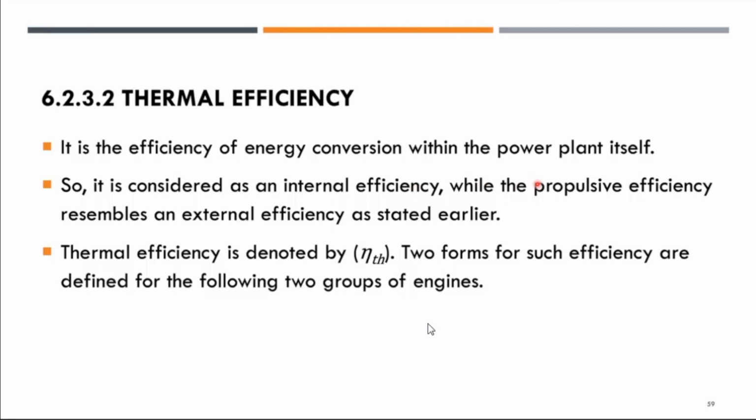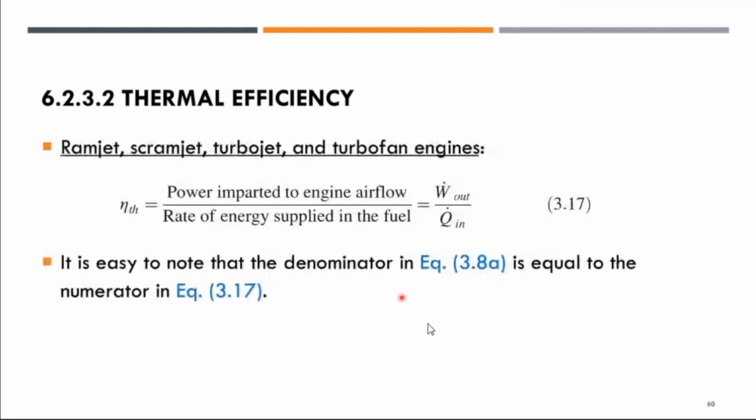The thermal efficiency is denoted by zeta TH, and two forms of such efficiency are defined for the following two groups of engine. The first one: ramjet, scramjet, turbojet, and turbofan engine. The thermal efficiency is expressed in equation 3.17. It is actually the ratio of the power imparted to the engine airflow, W dot out, over the rate of energy supplied in the fuel, Q dot in.